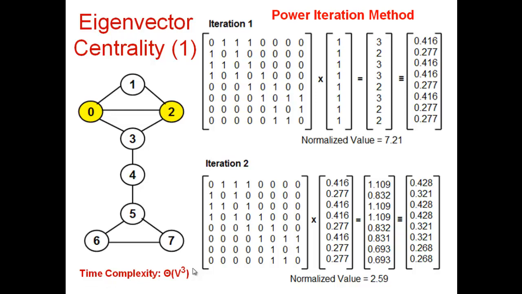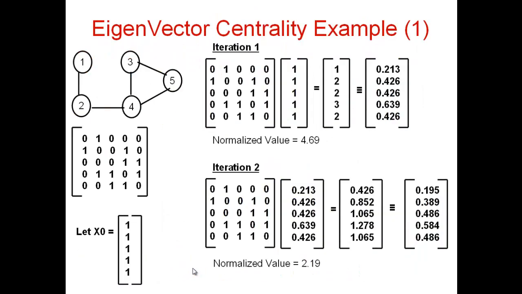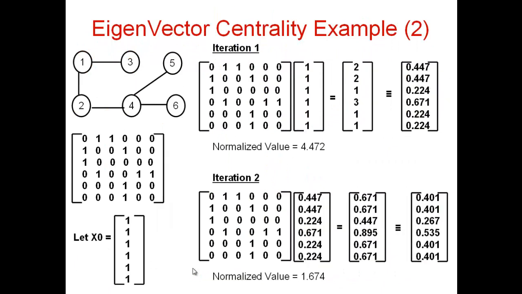So as you see, it's not really small. If a graph has v vertices, you're going to spend v cube time to compute it. So it's a computationally heavy metric, meaning it takes more time to compute. That's why for very large graphs, if you try to run some large graph with the Java program I gave you, you may not be able to get the output.